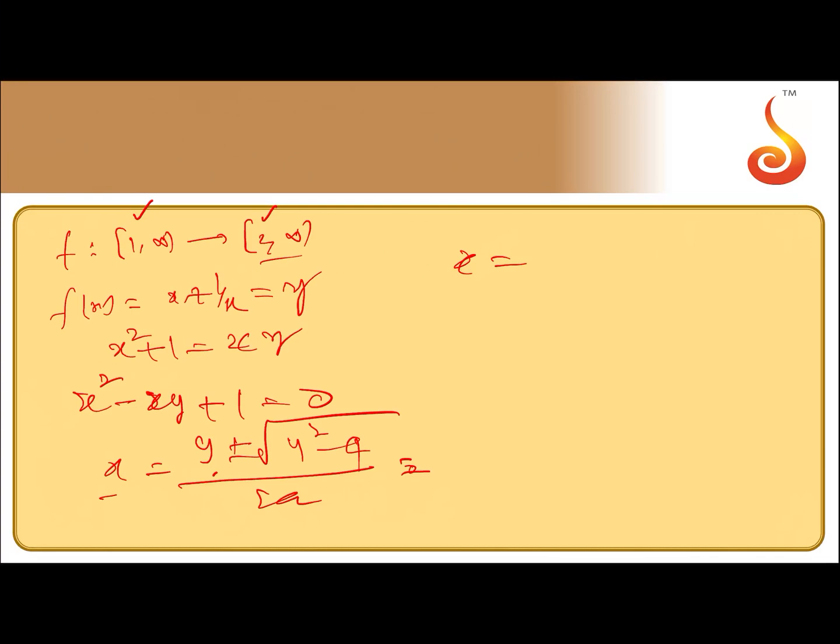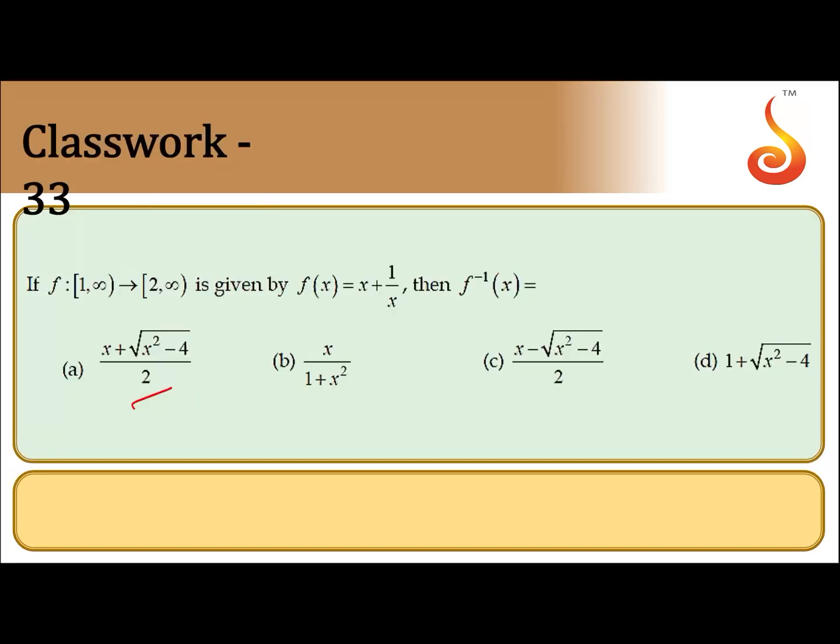It is x equal to y plus under root of y square minus 4 divided by 2. Why? Because here the value is from 1 to infinity, which is possible when y is equal to 2: 4 minus 4 is zero, 2 by 2 will be equal to 1, satisfied exactly. Therefore the answer is the plus sign only.